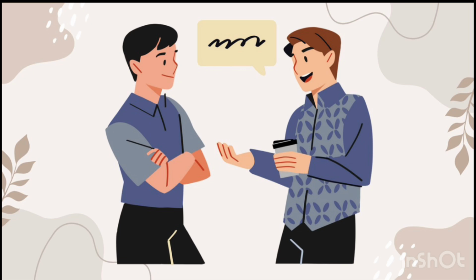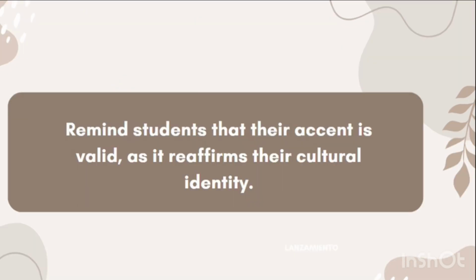This is something that I have used in my English classes before, and it was successful, as students loved the activities. Another important aspect is reminding students that their accent is valid, as it reaffirms their cultural identity, and there is no perfect accent or correct accent.